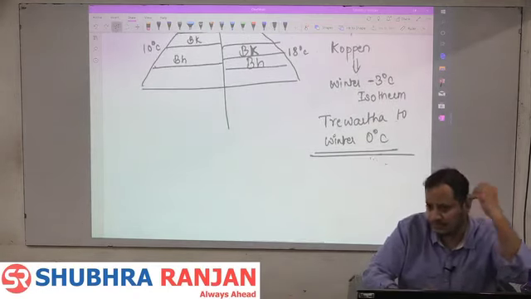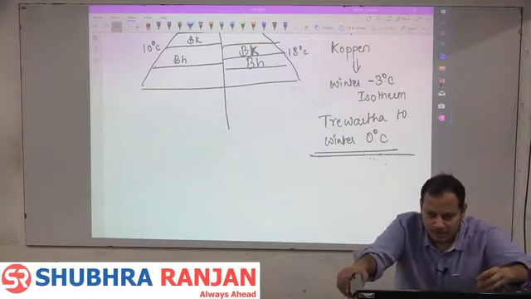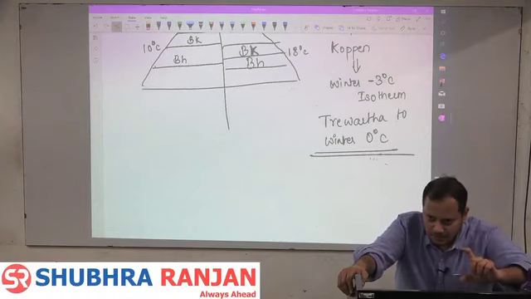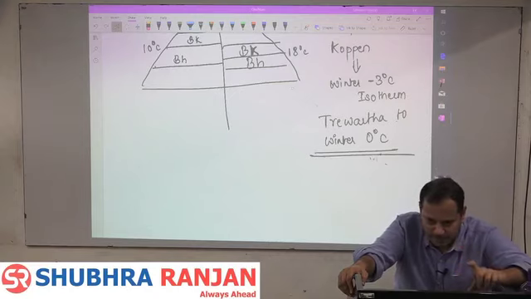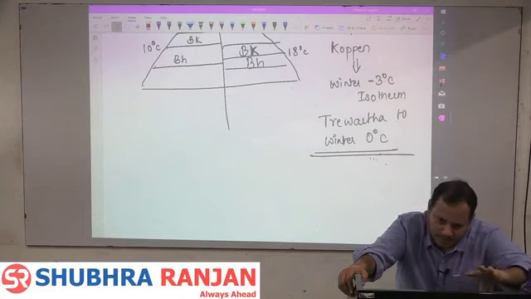For Köppen it is -3 degrees Celsius, which is the boundary during the winters between C and D. Trevartha says no, 0 degrees Celsius.